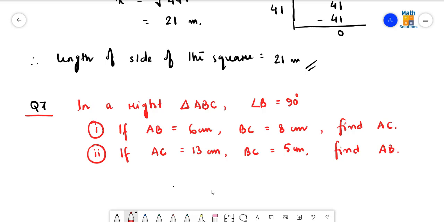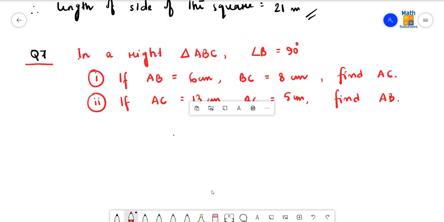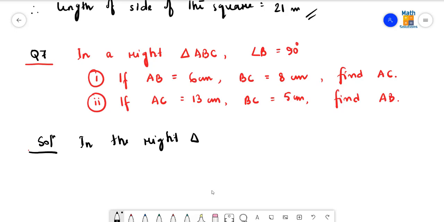So let's come to the solution part. In the right triangle ABC, it is already given that angle B is equal to 90 degree.